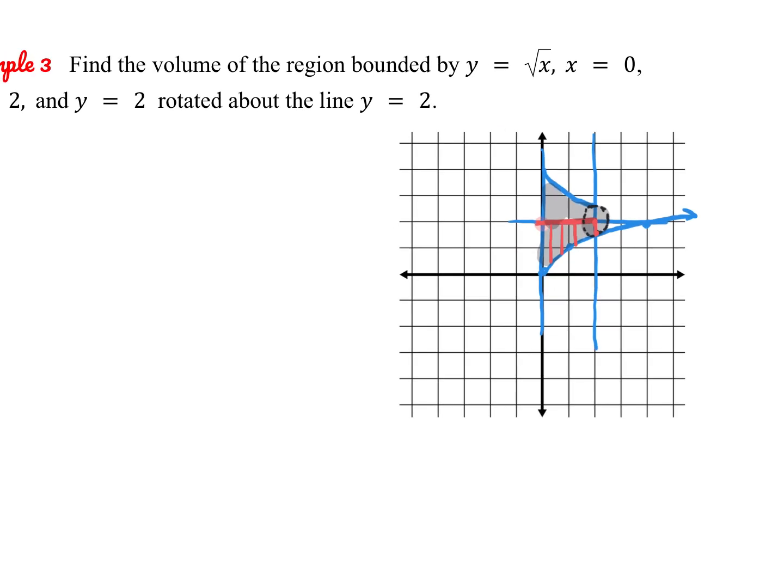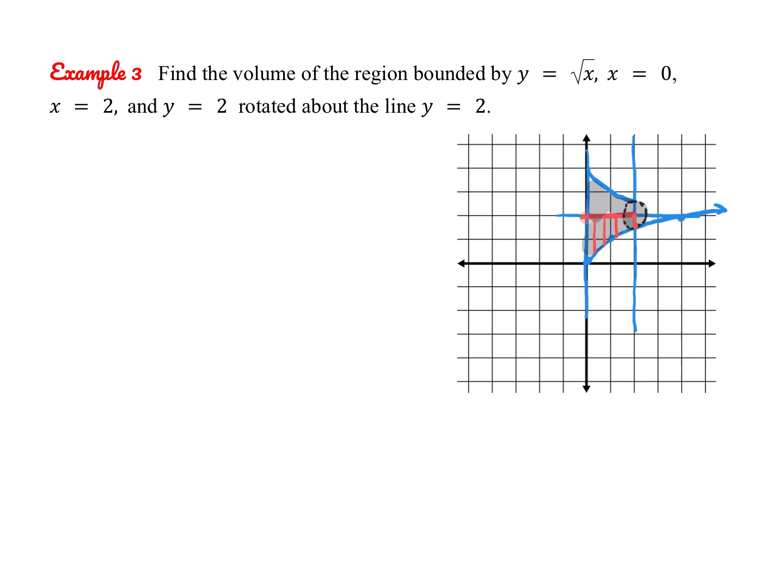So to find this radius and to make sure it's positive, it's actually going to be 2, because that's the upper line, that horizontal line right here, minus the radical function square root of x. So that's a way to make sure that our radius is positive. Again, it's always top minus bottom.